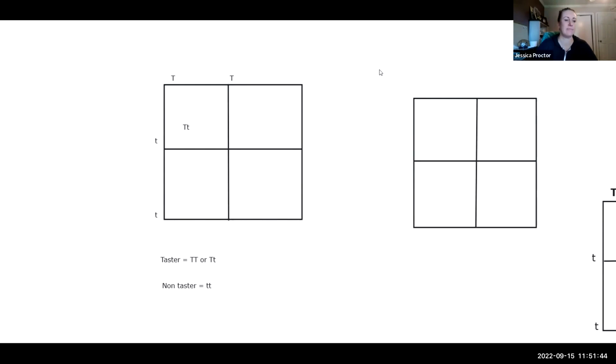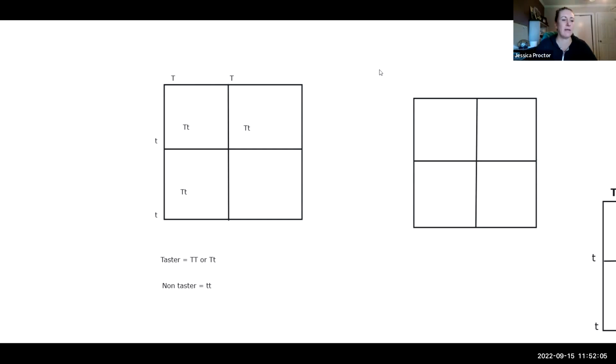Big T, little t. And then in our third box, we take one from here, one from here. What goes in this third box? Big T, little t. And then in our fourth box, we take one from here and one from here. So in our last box, we've got a big T and a little t.